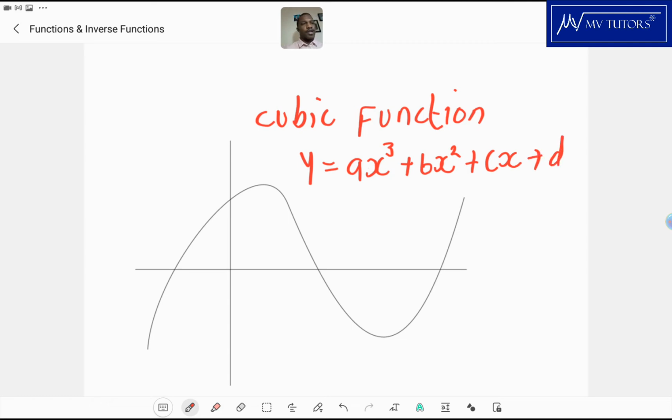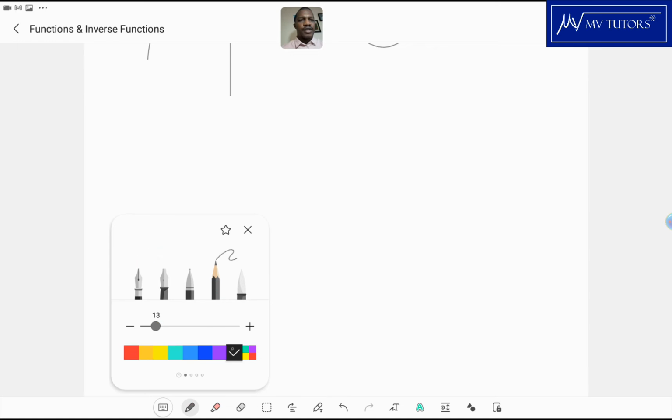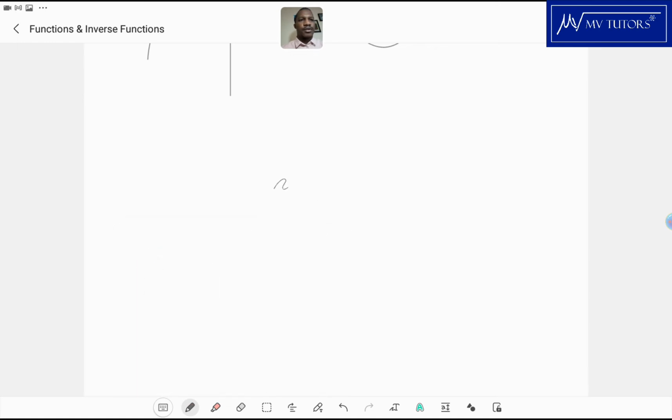Okay, that's it. And then the next one that we need to discuss is this function, which is called, let's just draw it first. Make sure it's a straight line. There we go.